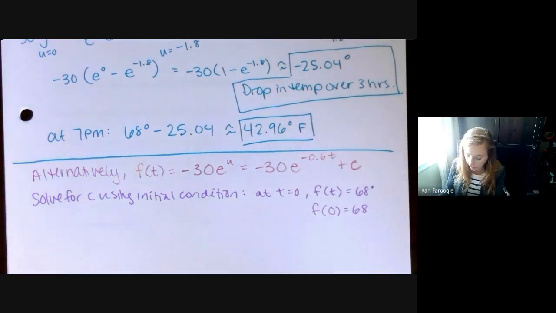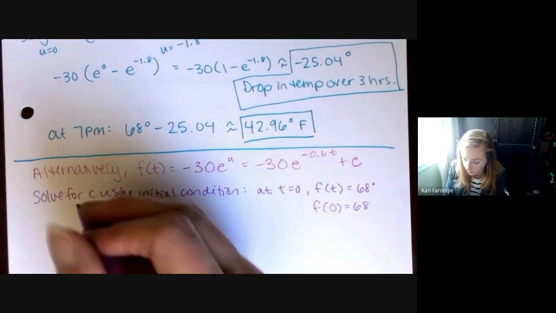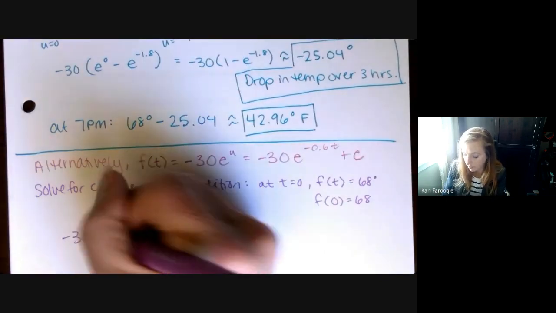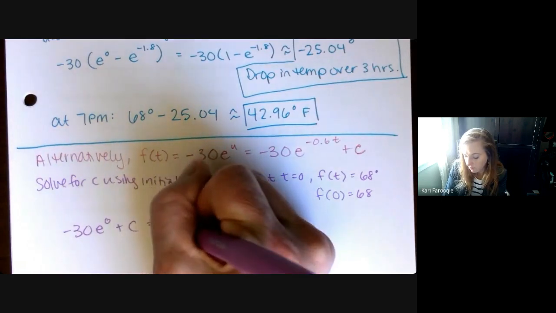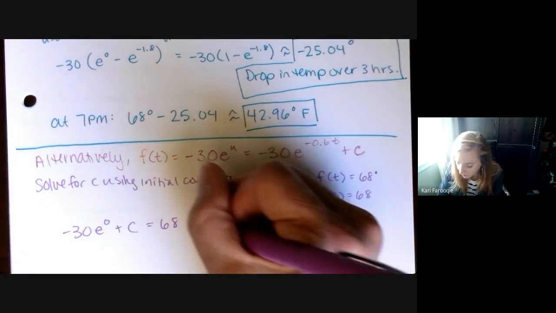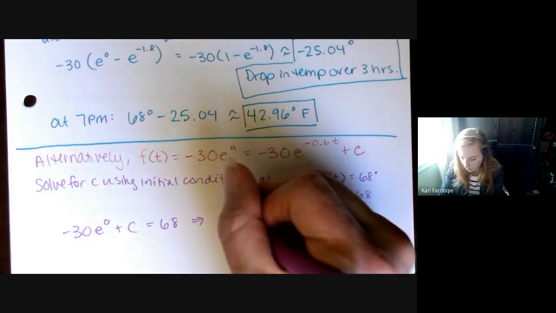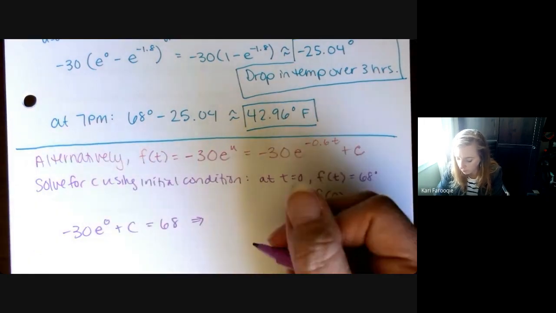Now, if you did that, you could pop this back in and say, okay, well, if f of 0 is 68, that means that negative 30 e to the 0 plus c is 68. And then you could solve for c and say that c must in this case be 38 because e to the 0 is 1.